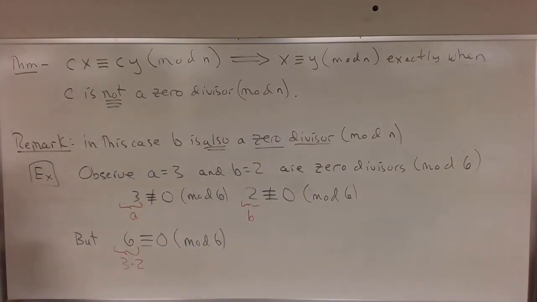We can cancel the factors of c on both sides of a congruence exactly when c is not a zero divisor mod n.